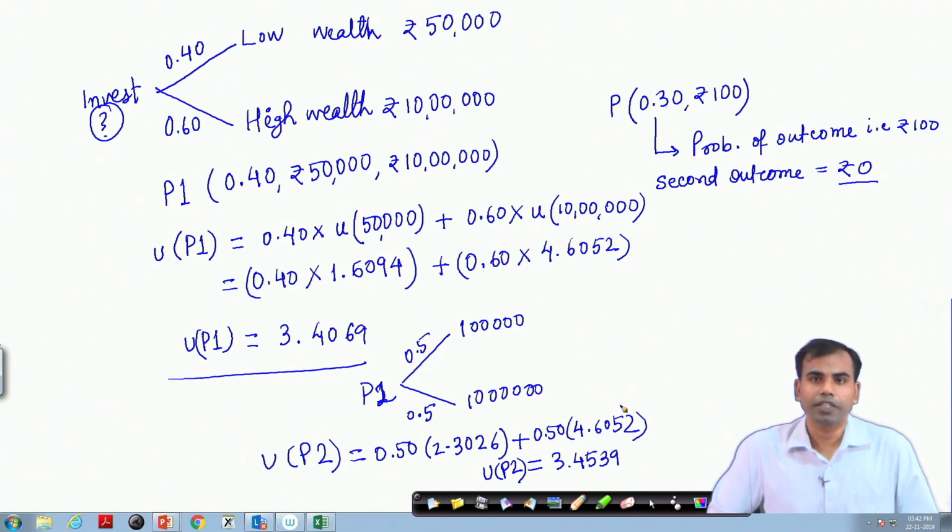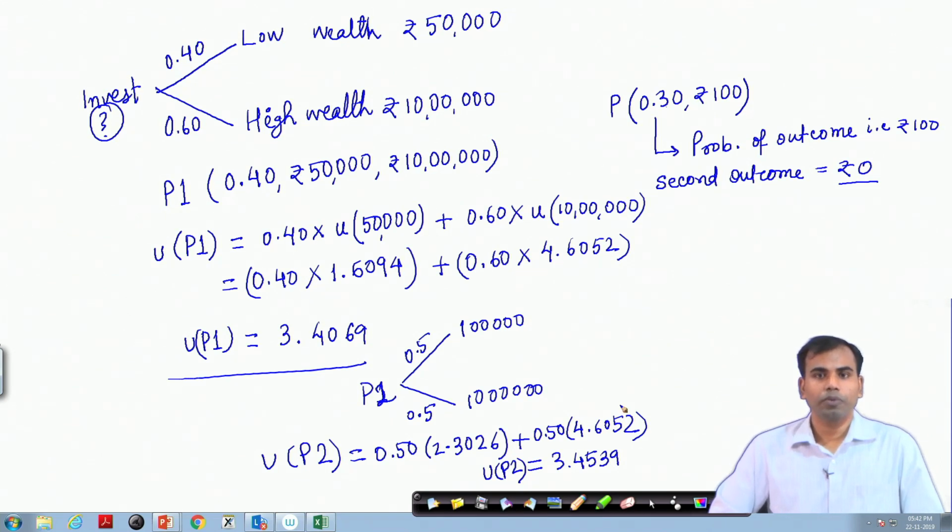Now, there are certain constraints. This particular approach of utility theory is based on the assumption that individuals have preference for higher utility. It does not talk about the risk.